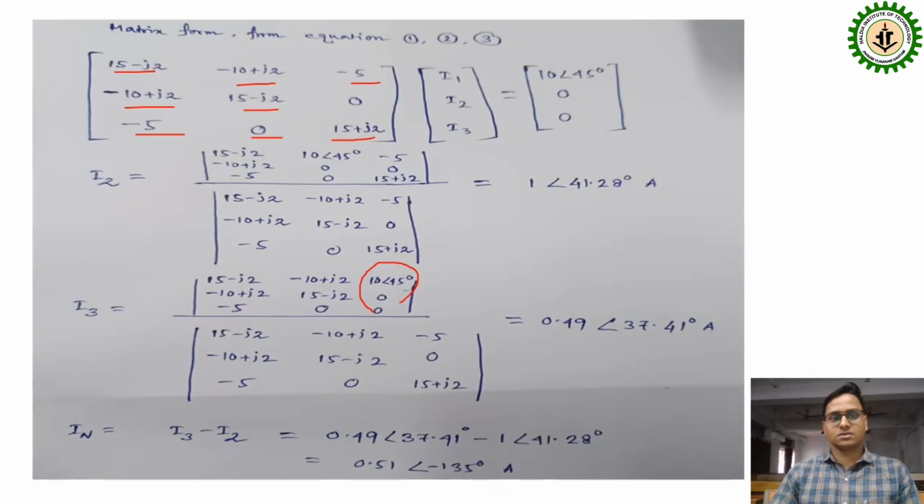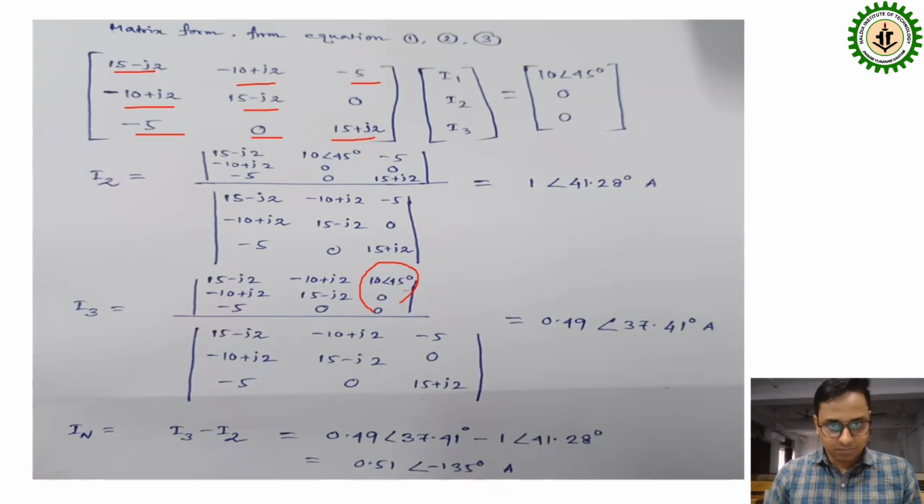Here I have drawn it. So similarly, as per the previous formula, we can solve this one. (15 minus J2) into this, minus of this into this, then minus of 10 at an angle 40 degrees, then minus 10 J2 into (15 plus J2), minus of 0 into minus 5.